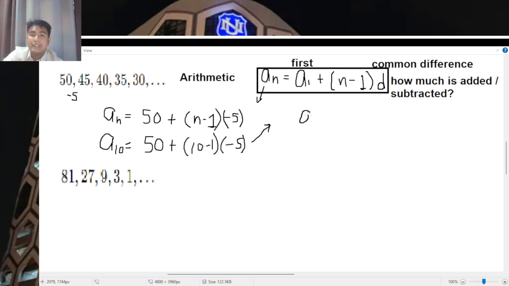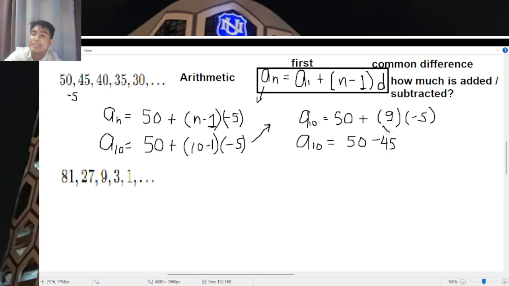The 10th term would be equal to 50 plus 10 minus 1, which is 9, times negative 5. So therefore, our answer here would be equal to 50 minus 45.